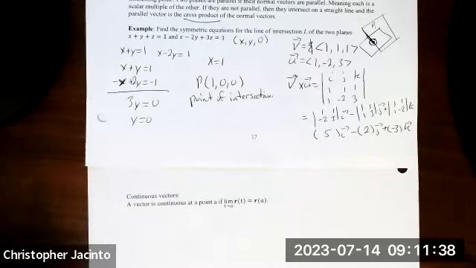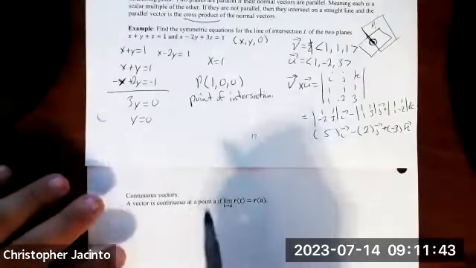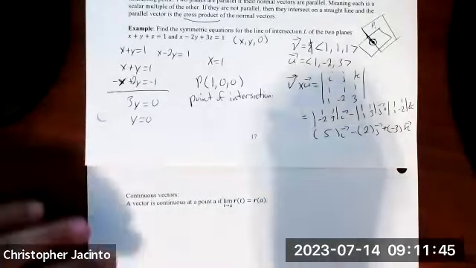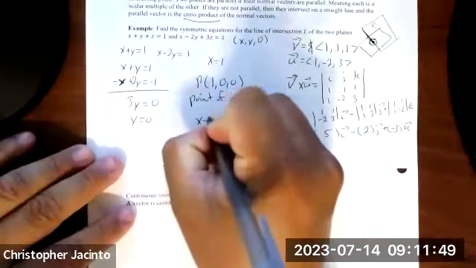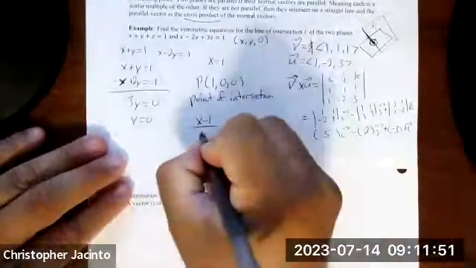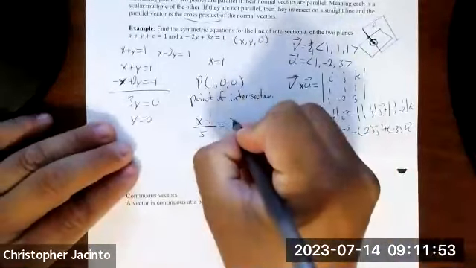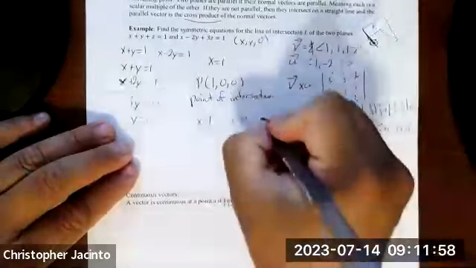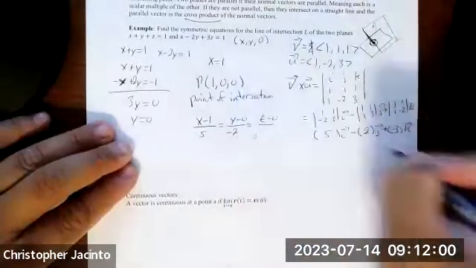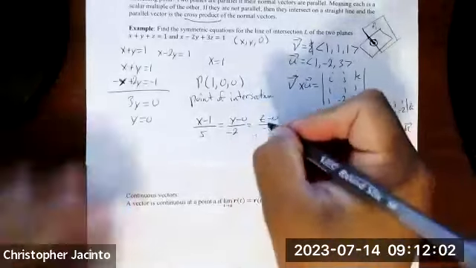And now finally, we put it in our symmetric equations. So remember, symmetric equations are the fraction format. So it's going to be the point divided by our vector. So the first one is going to be x minus 1 over 5 must equal y minus 0 over -2, and then z minus 0 over -3.